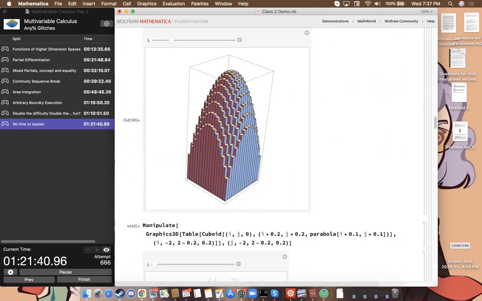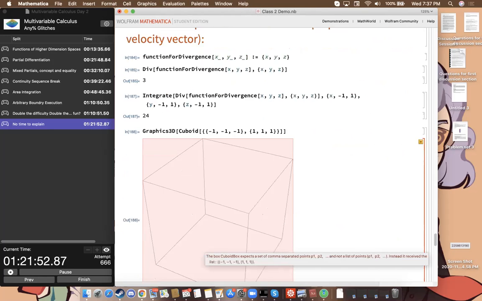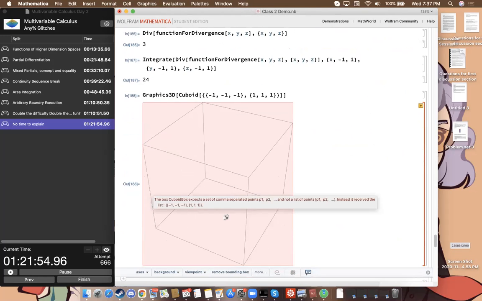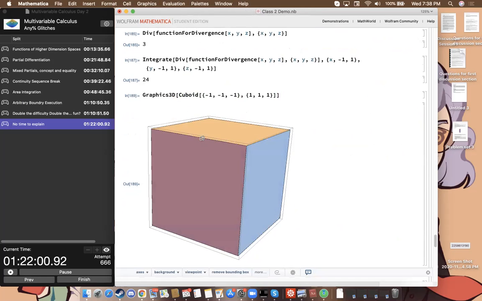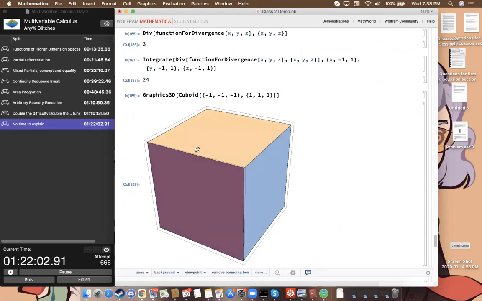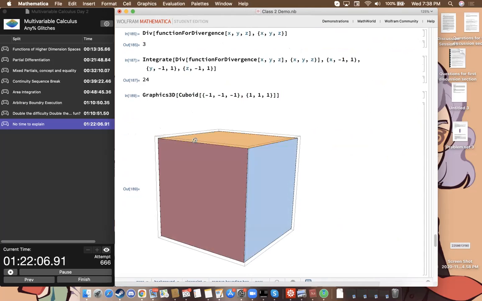I should have written this in cuboid. Pretend that worked the first time. I was good at this. So that's this cube. And it's the divergence here.